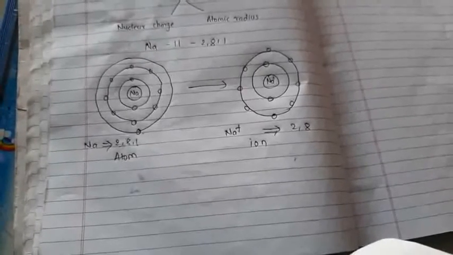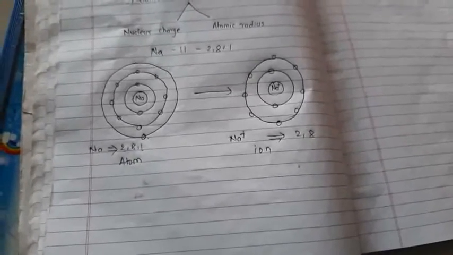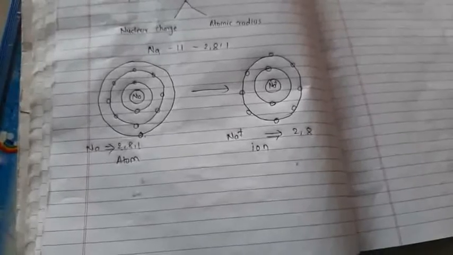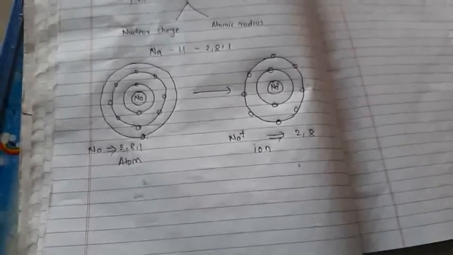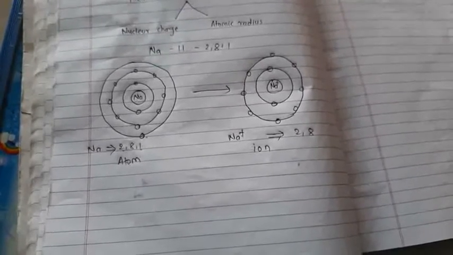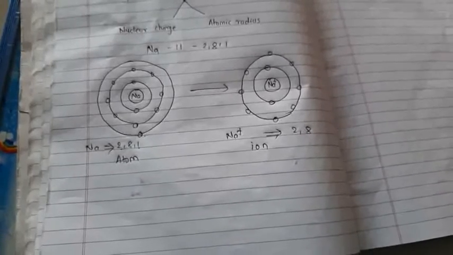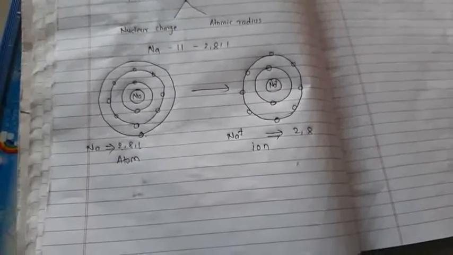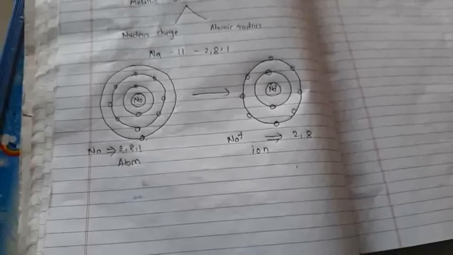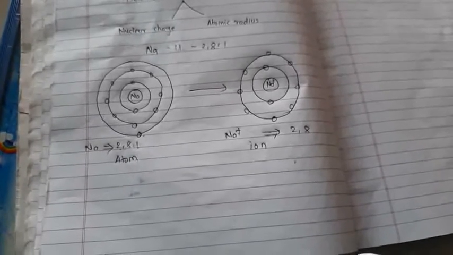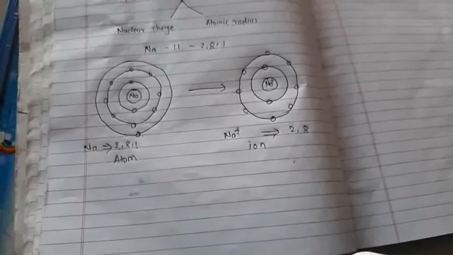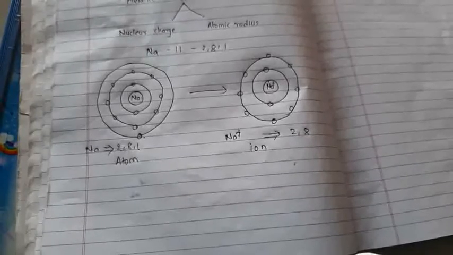As a combined effect of these two factors, metals have tendency to lose valency electrons to form cations having a stable noble gas configuration or complete octet. This tendency of an element is called electropositivity, which is the metallic character of that element.